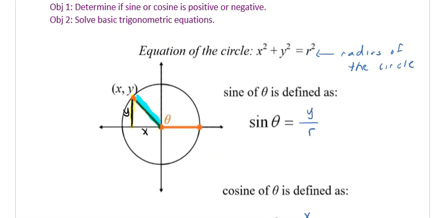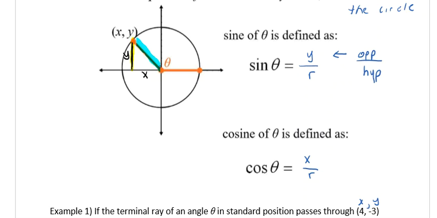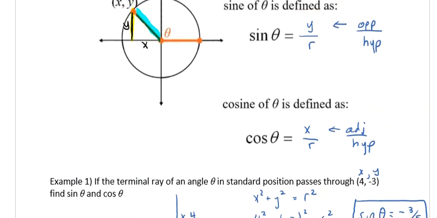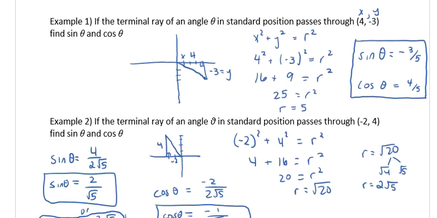So this y over r that we defined earlier, that's really just opposite over hypotenuse. And x over r, well, x is the one that's right next to it, so that's my adjacent over hypotenuse. So this is all just applying the Pythagorean theorem and SOHCAHTOA.